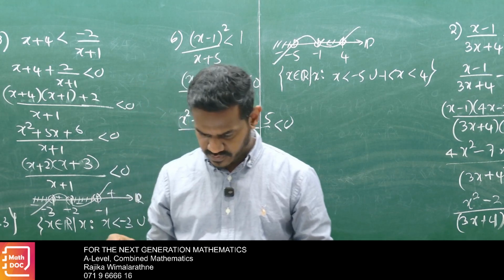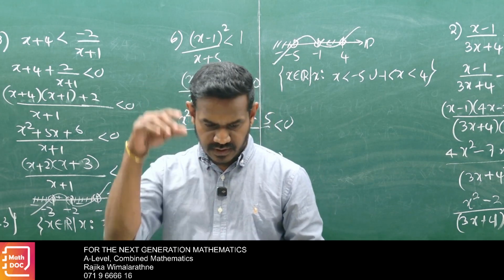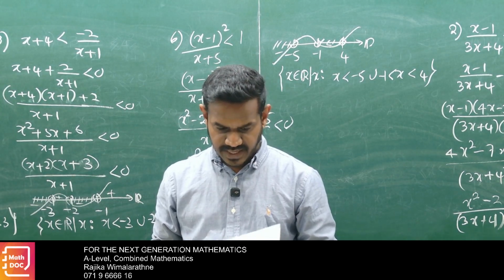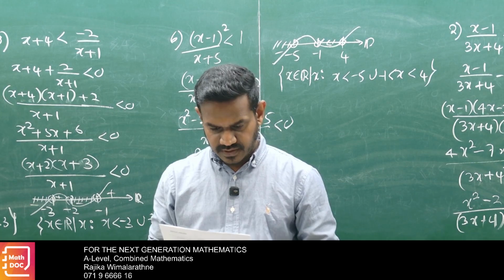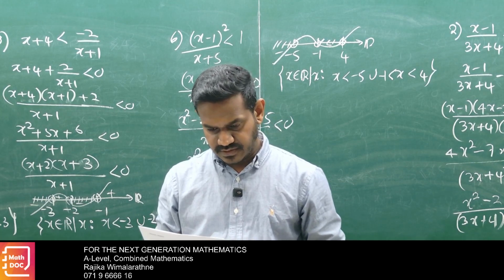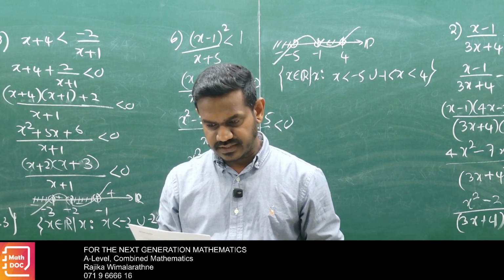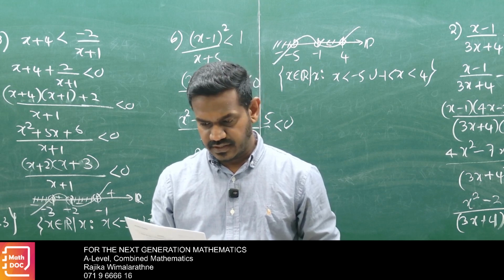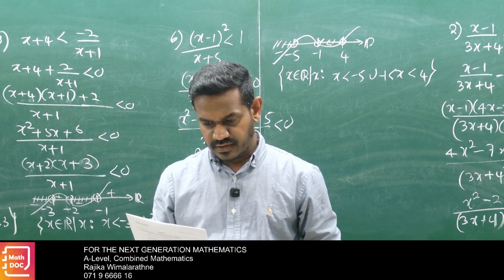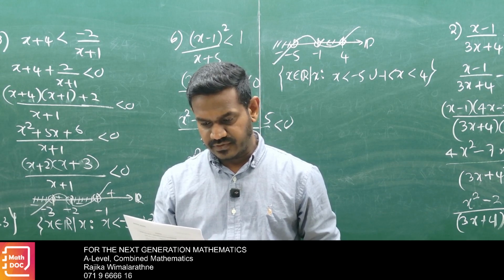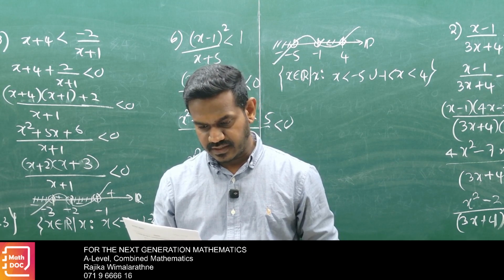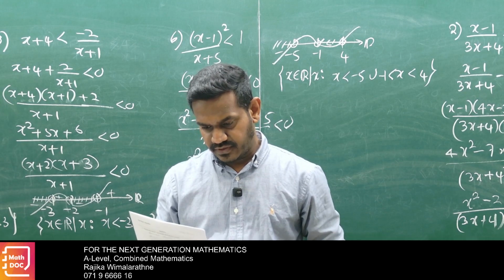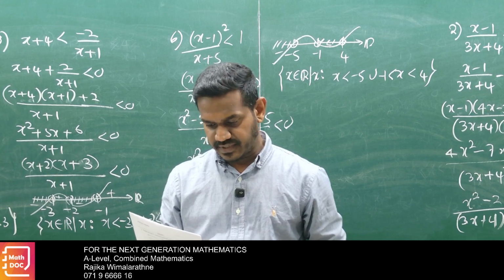Then page number 4, question number 24, first one. Then 27, 28, 30. You can complete those.